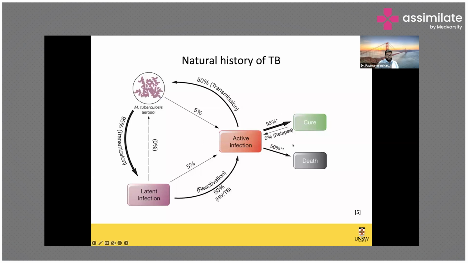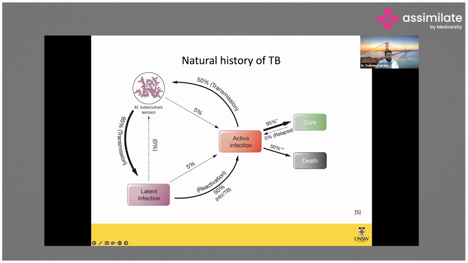So we have a magic bullet with tuberculosis. All we have to do is diagnose them at the correct time and treat them appropriately, and 95% of them will get cured. And that's really good. So the next question we ask is then, why do we have so much TB around the world? And that's where we're going to discuss.